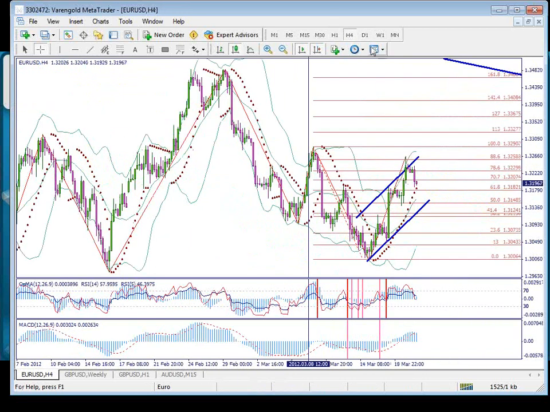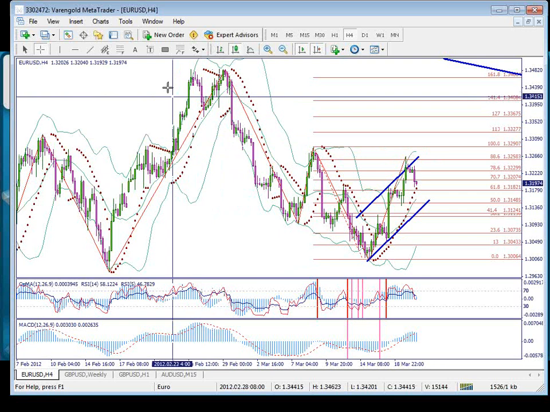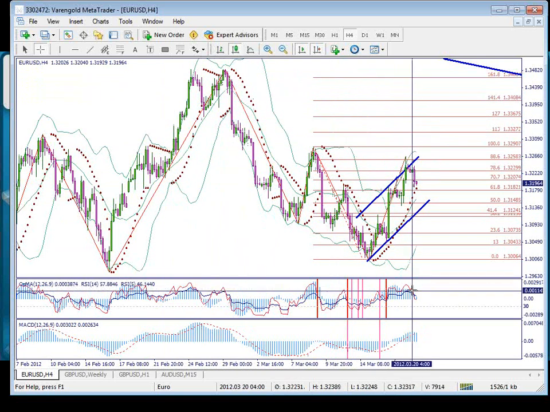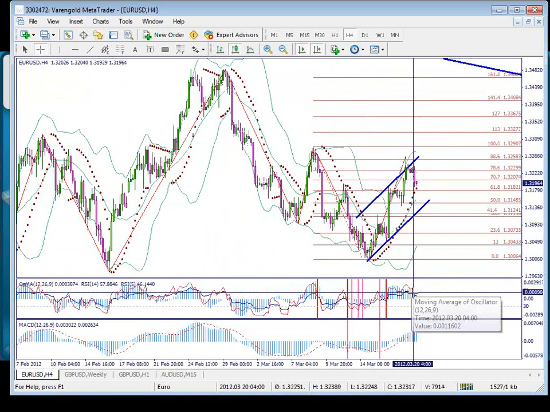If we go into smaller time frames, we can see that here is one signal for sell.